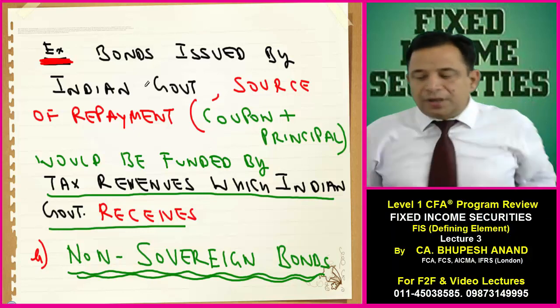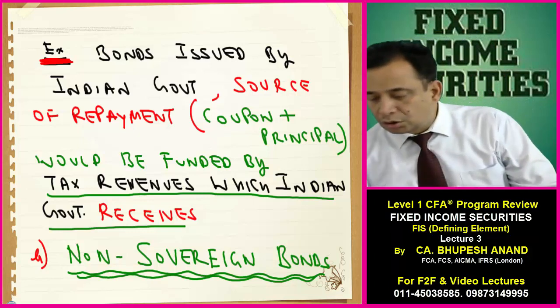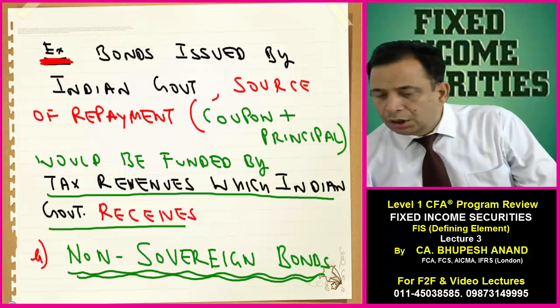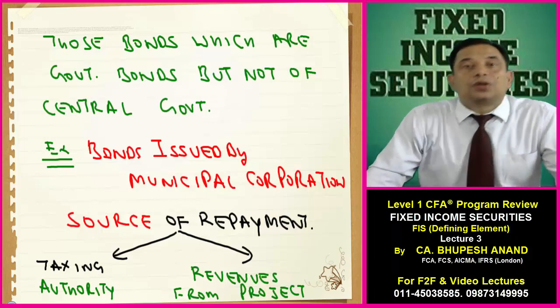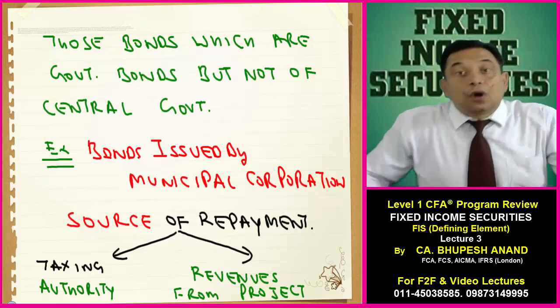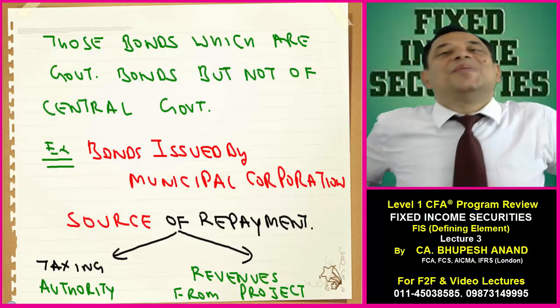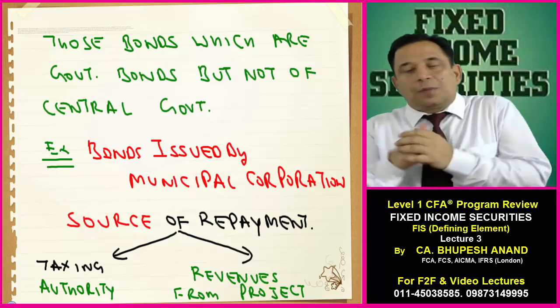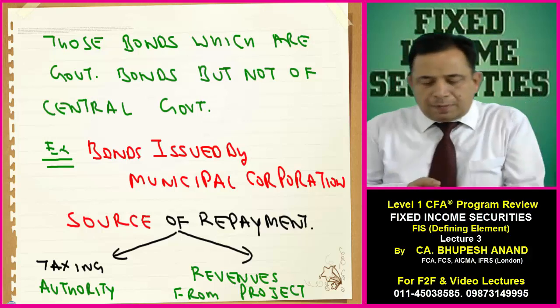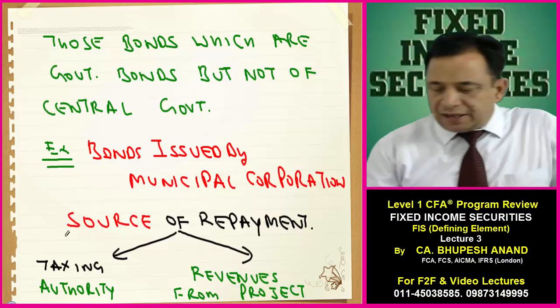So please write on point B, non-sovereign bonds: those bonds which are government bonds, but not of central government. Bonds issued by municipal corporation. Sources of repayment. Now there are two sources of repayment.